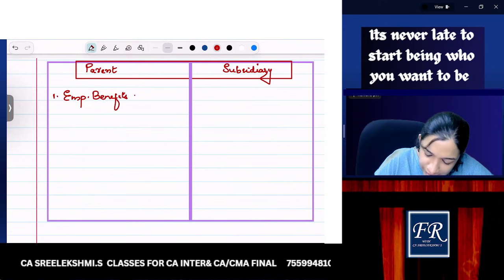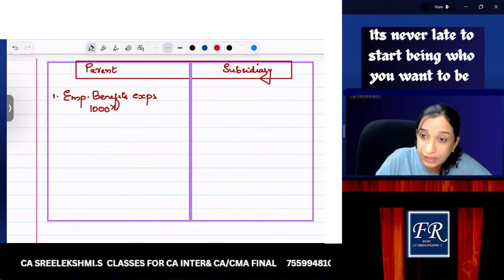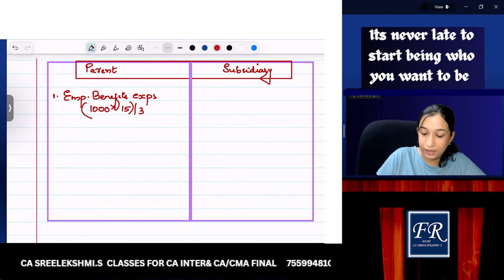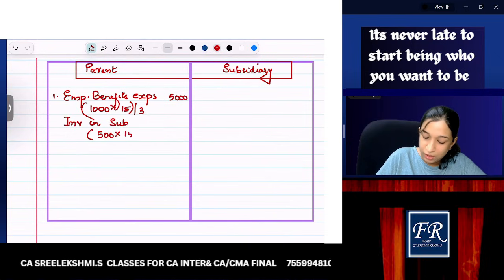So employee benefit expense, 1000 employees into 15 divided by 3, 5000. Investment in subsidiary, 500 employees into 15, all divided by 3, that is 2500. To SBP reserve, 7500.